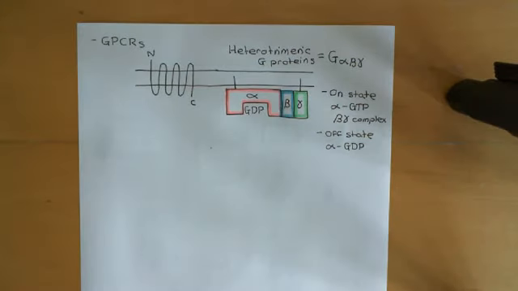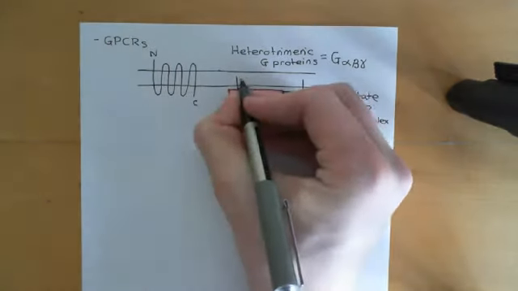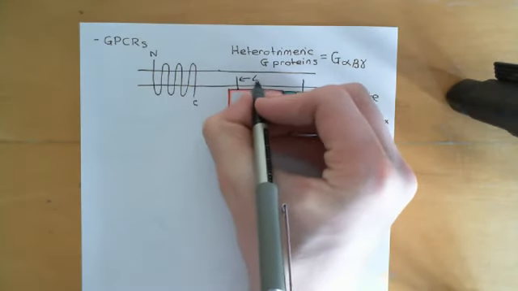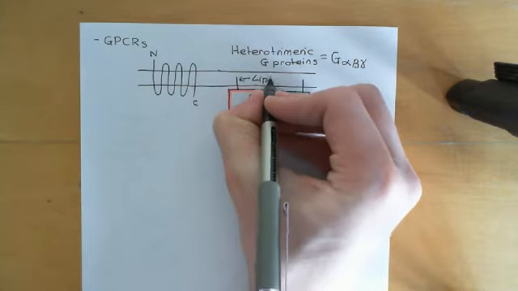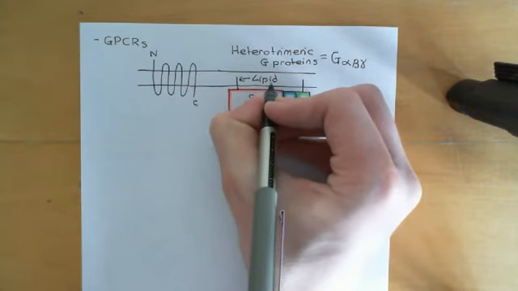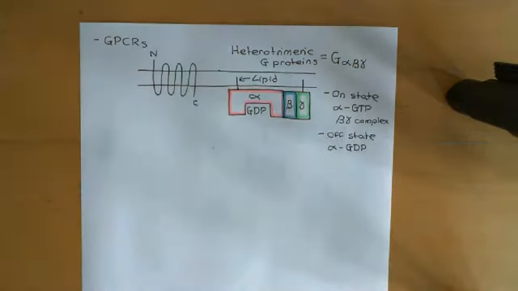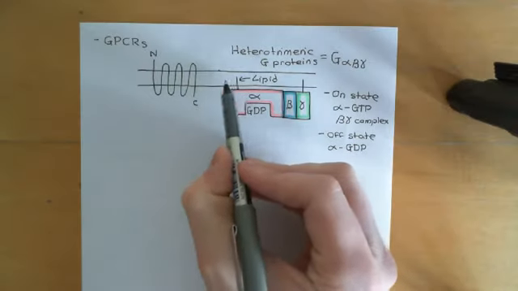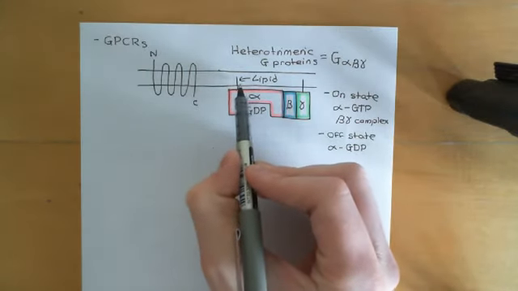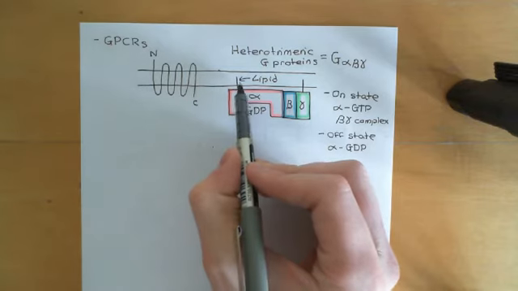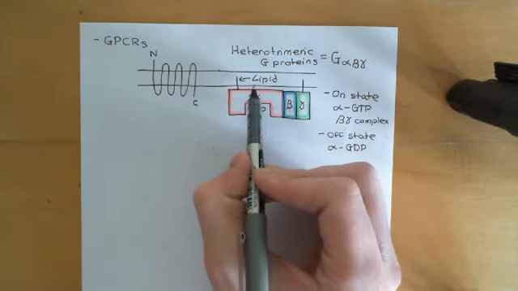Okay, so the basic principle here is that onto the side of the protein, you attach a lipid molecule. Okay, and in the case of alpha subunits, it's usually a palmitoyl group, which is a 16-carbon fully saturated carboxylic acid, so a very long hydrophobic molecule. And this then implants into the inner leaflet of the phospholipid bilayer and holds the alpha subunit attached to the underside of the cell membrane.